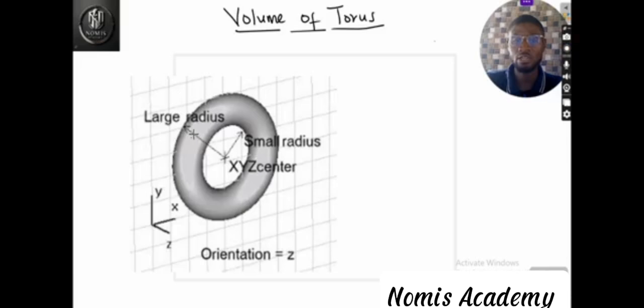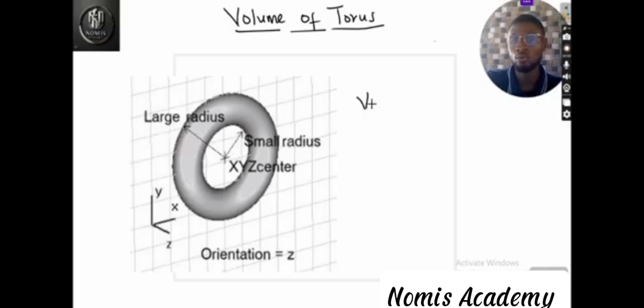The inner radius is the radius of the internal circular part of the torus, and the external radius is just that line drawn from the circumference of the outer part of the torus to the center of the entire torus. So those two radii must be put into account. So we have larger radius and we have smaller radius. So let's take the volume of torus.